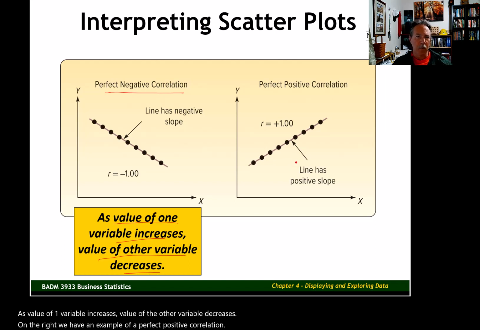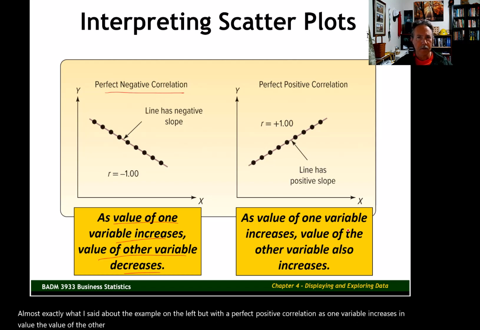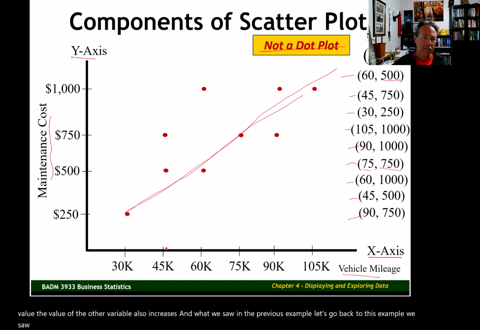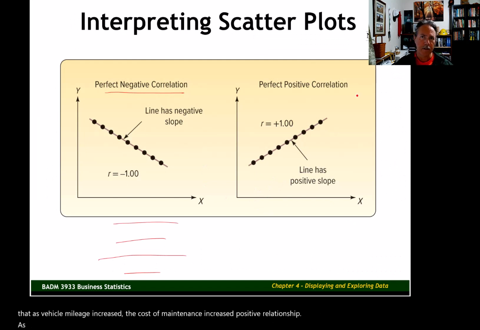Almost exactly what I said about the example on the left, but with a perfect positive correlation, as one variable increases in value, the value of the other variable also increases. And in the previous example, let's go back to this example, we saw that as vehicle mileage increased, the cost of maintenance increased. Positive relationship. As X increases, Y increases as well.